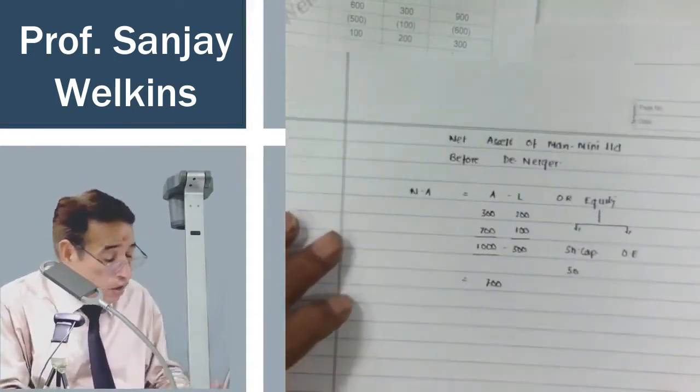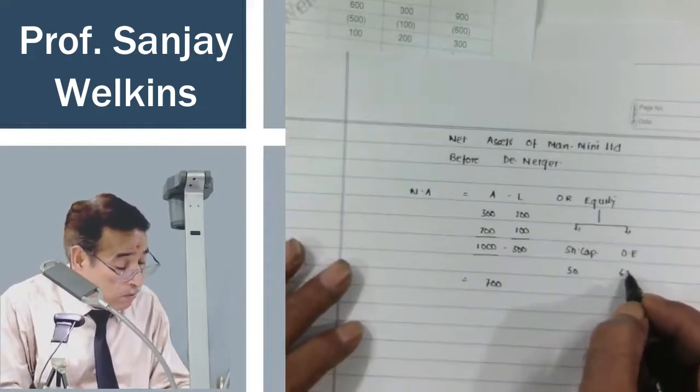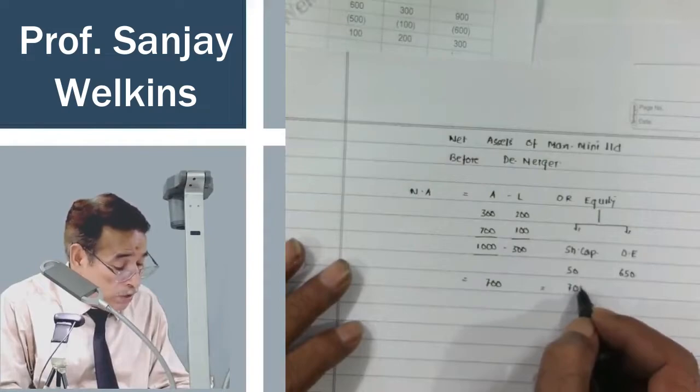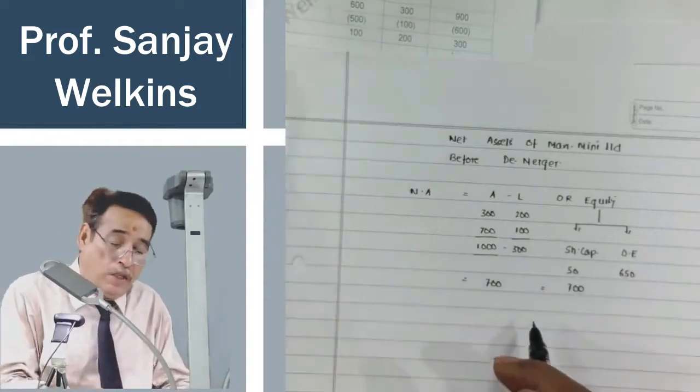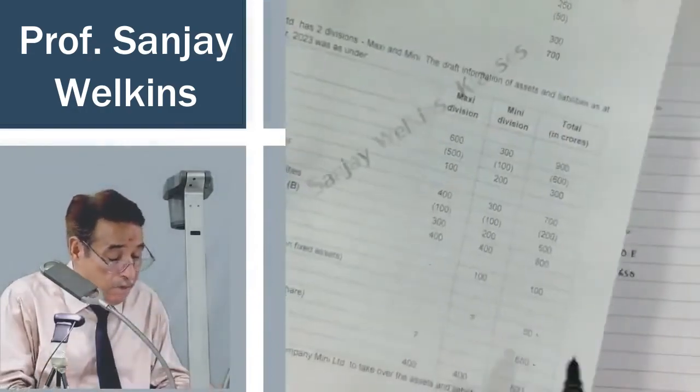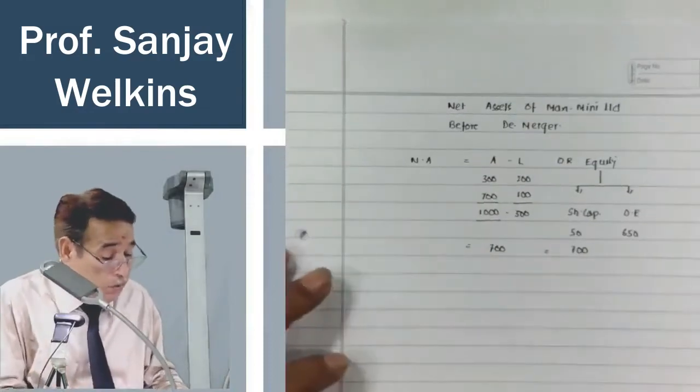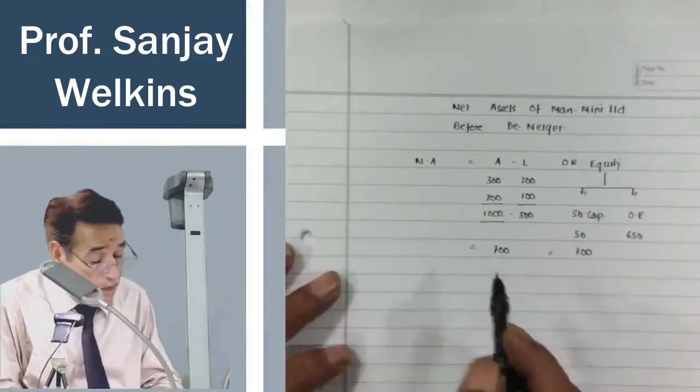So we can also find it this way around. Correct? So my point is, prior to merger or prior to this arrangement, the net assets were worth rupees 700, correct? And their total capital is equal to 50 crores. All figures are in crores.